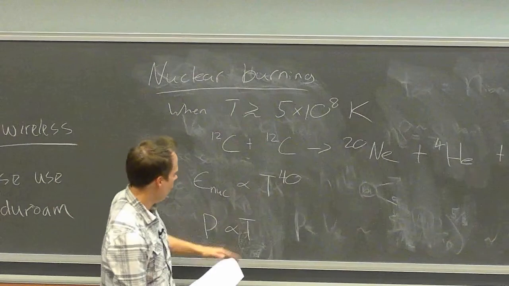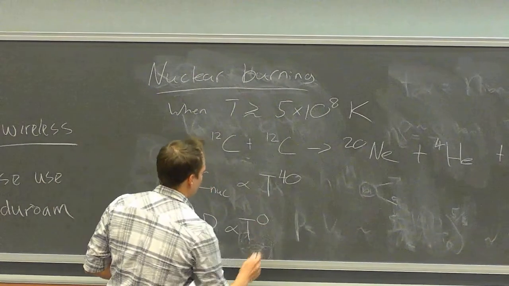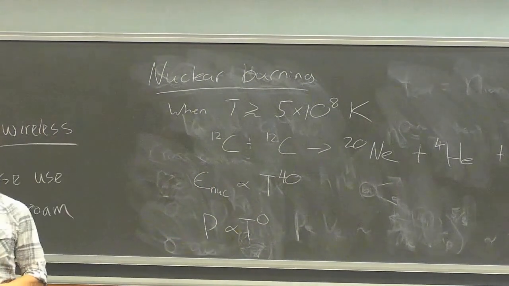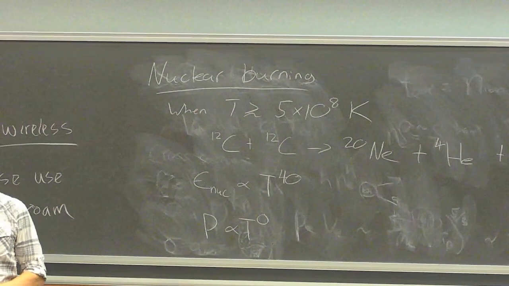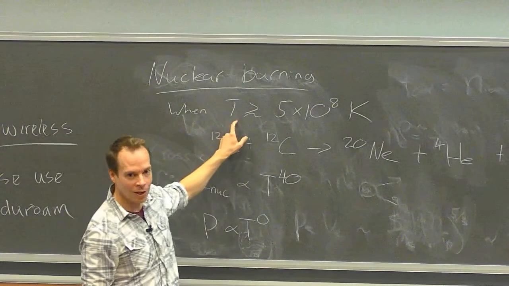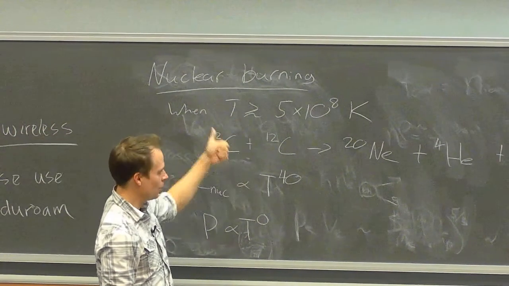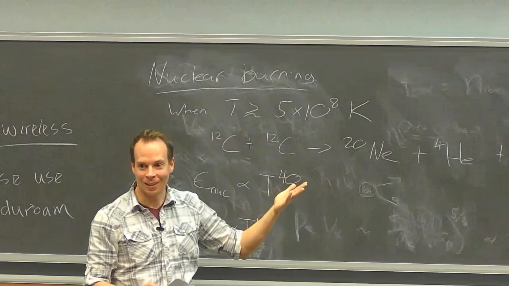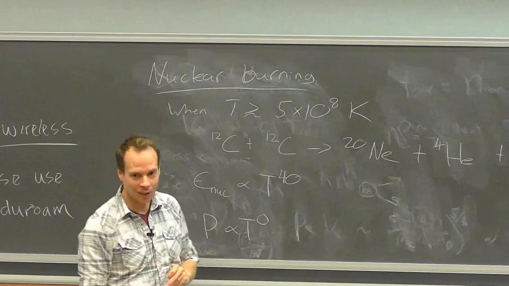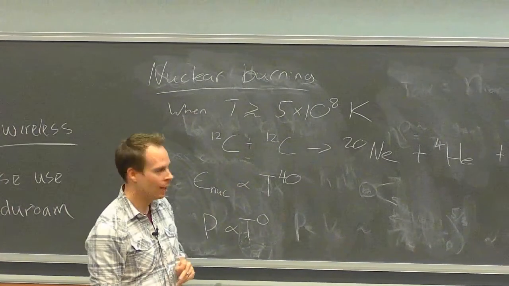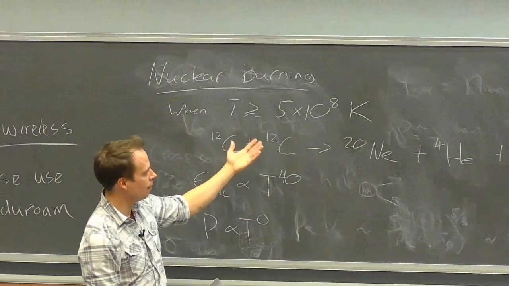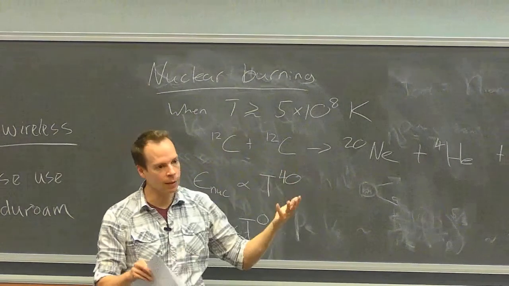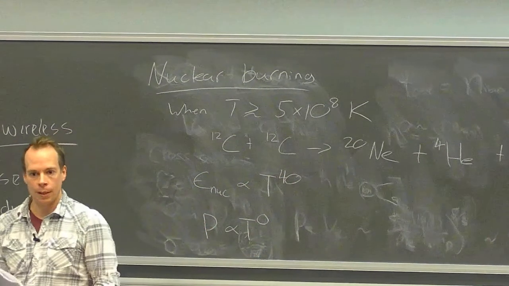In a white dwarf, we said that the pressure was independent of the temperature inside of the white dwarf. So once this nuclear reaction starts, the temperature goes up, the reaction rate accelerates, and it's a runaway process. And so you get essentially a big nuclear bomb. This happens because of the degenerate nature, the fact that the pressure is independent of the temperature.